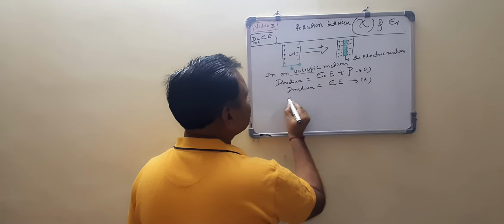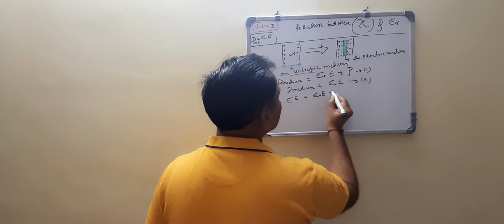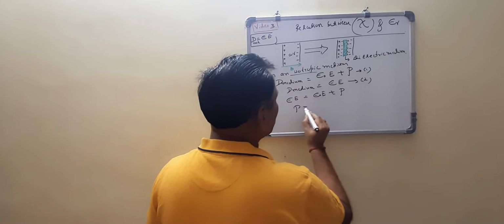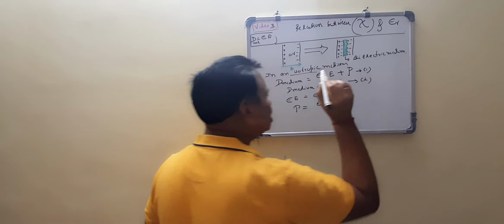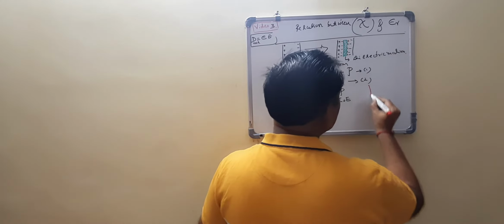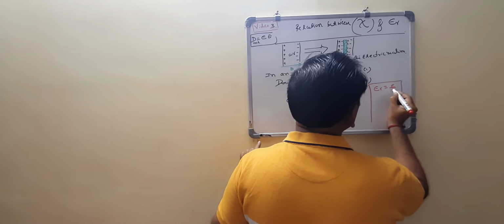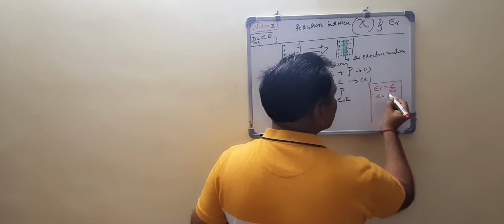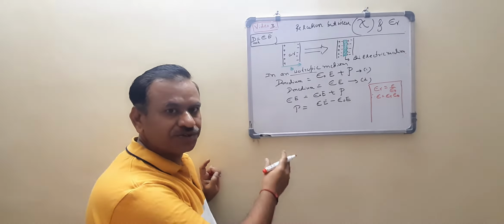Substitute here: epsilon into E equals epsilon naught into E plus P. Now P equals epsilon into E minus epsilon naught into E. Now recall your definition of relative permittivity from the previous video: epsilon r equals epsilon divided by epsilon naught. Therefore epsilon equals epsilon r into epsilon naught.